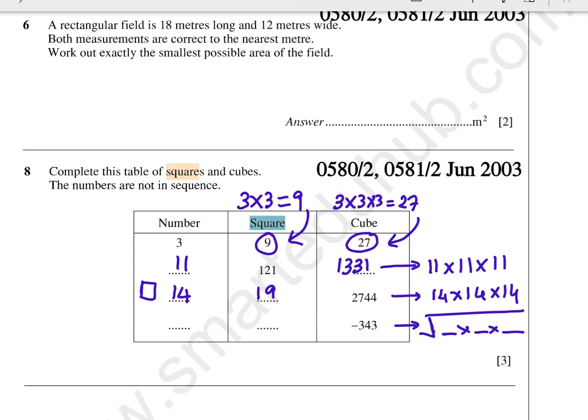So now plug in the values in the calculator and enter cube root of minus 343, and you get the answer as minus 7. That means when you multiply minus 7 thrice, you get the answer as minus 343. So the number is minus 7, and square of minus 7 is 49.